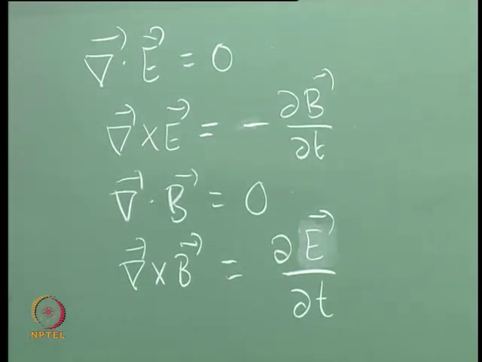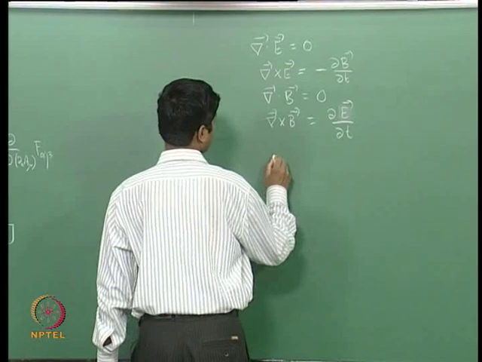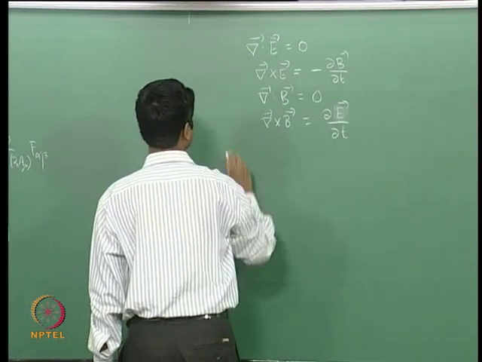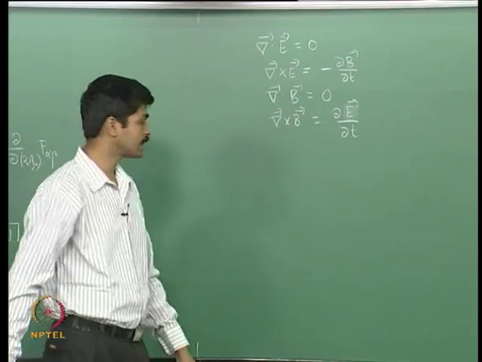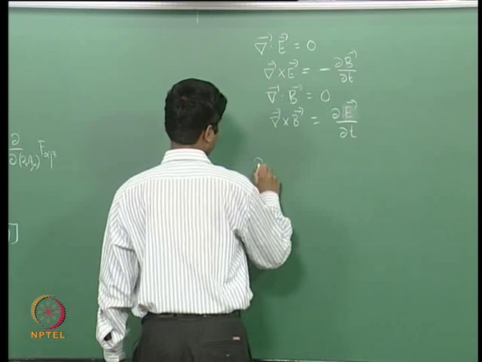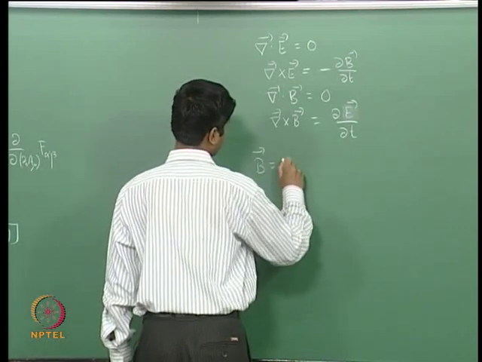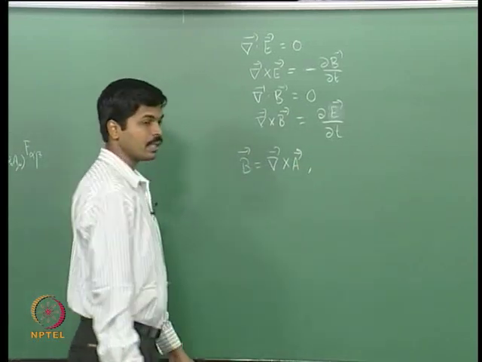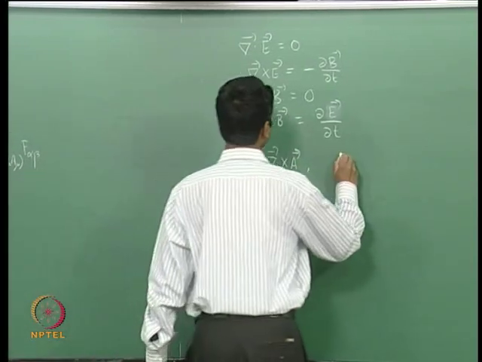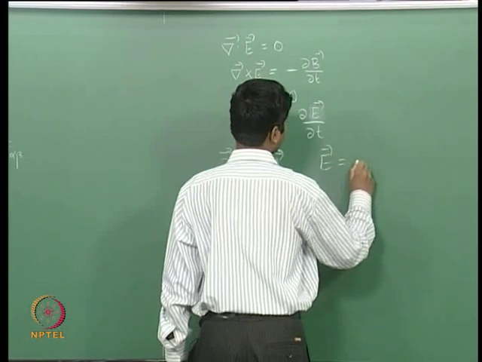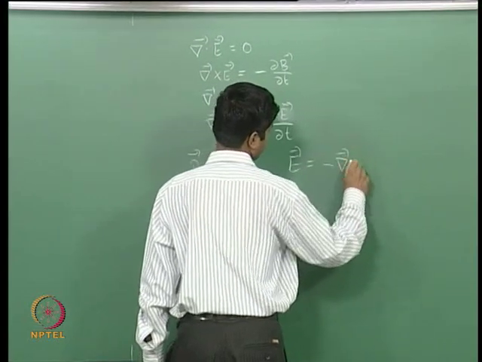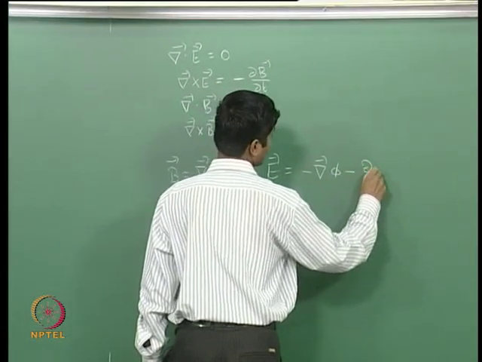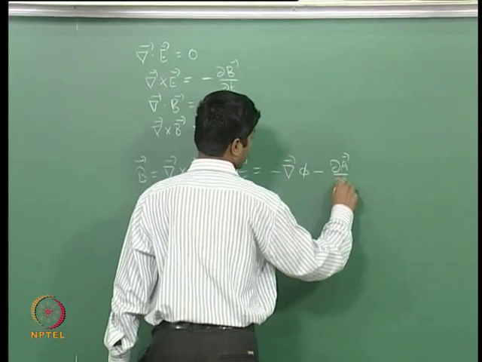And in this notation, the statement about gauge transformation turns out to be, okay, first of all, the electric and magnetic fields are given by B equal to del cross A and E equal to minus grad phi minus del A over del t.